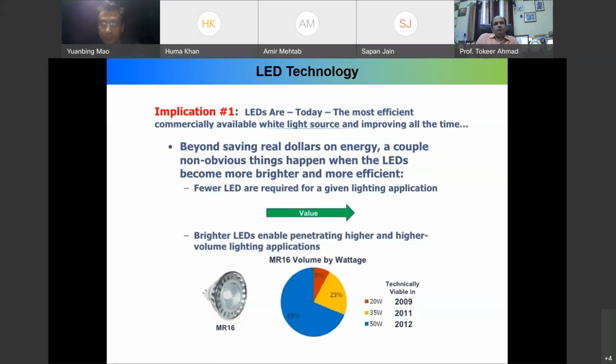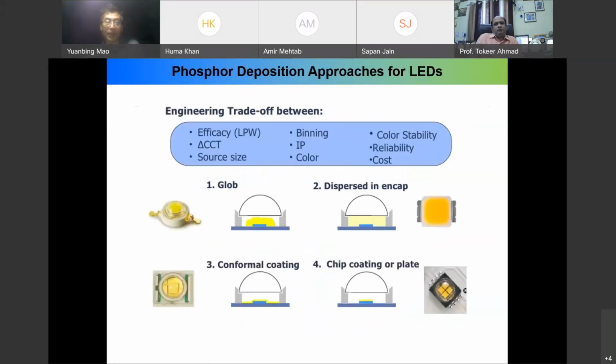Okay, so how do we deposit phosphors on the LED chips? There are different ones. I'm not an expert on this, but these are the things for us to be aware of. These are globes, and then there's phosphor dispersed in encapsulant as well.